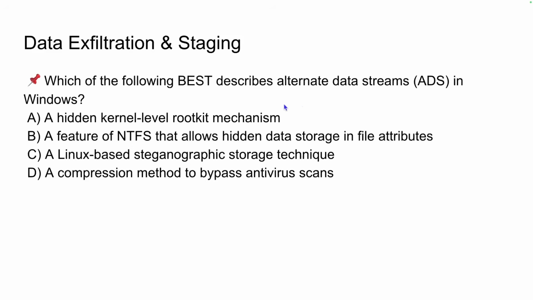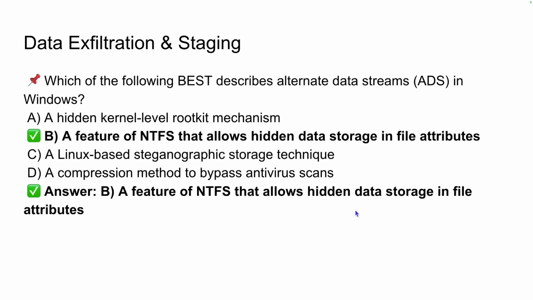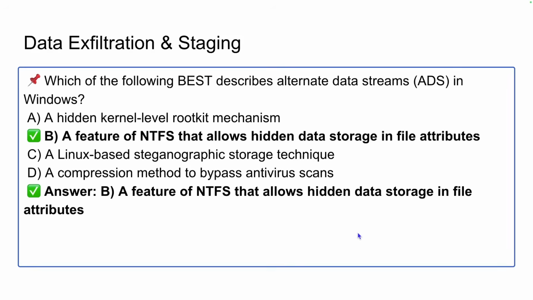This is not true. Alternate data streams is in Windows. It's in the question. We're talking about Windows here, so it's not a Linux-based steganographic storage. So that's definitely not it. A compression method to bypass antivirus scans, also not it. So this is a feature of the file system that allows hidden data storage in file attributes.